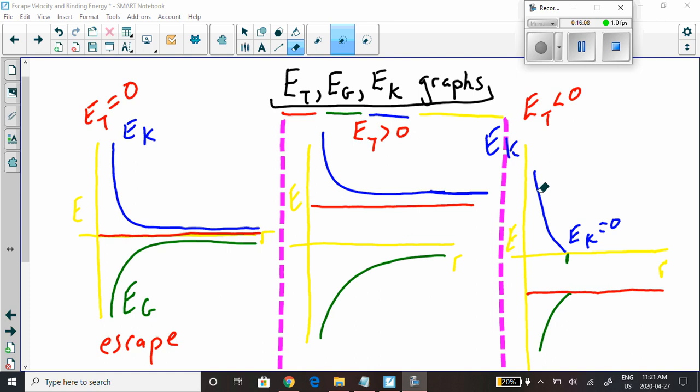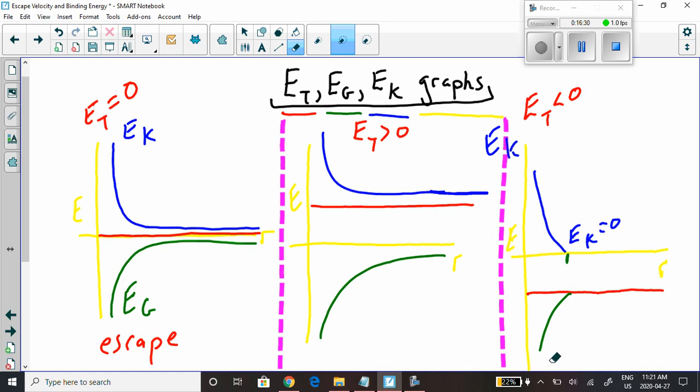Let's continue this. Let's say we're going to launch an object off the surface of the Earth. But now the total energy of the object is less than zero. So what happens is, boom, you launch the object, it slows until kinetic energy gets to here. And here the kinetic energy is zero and it stops.